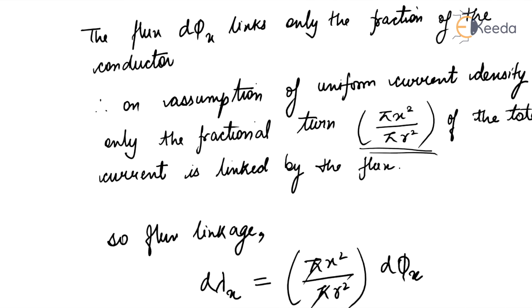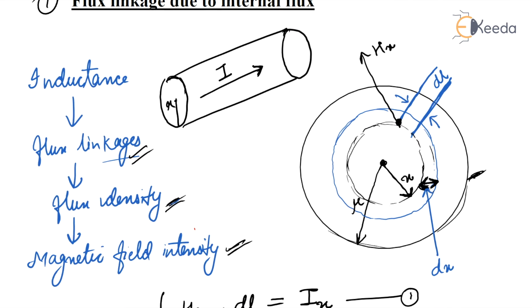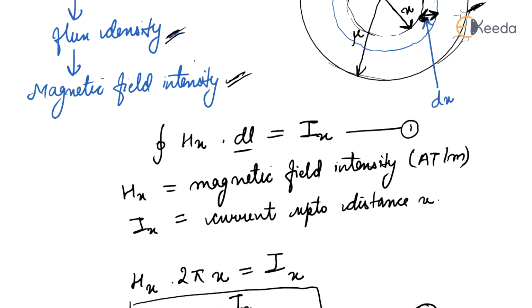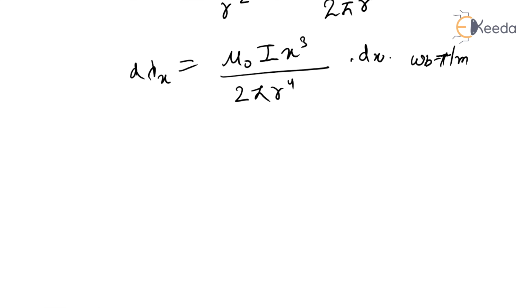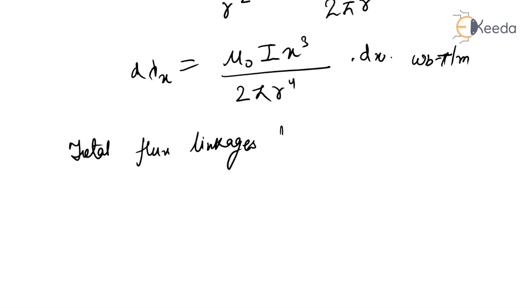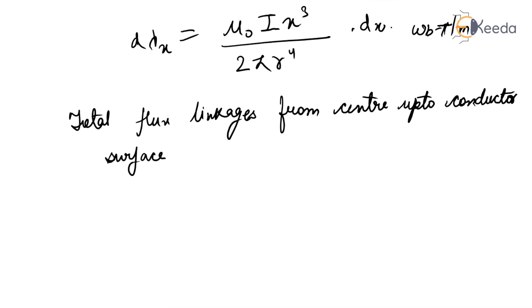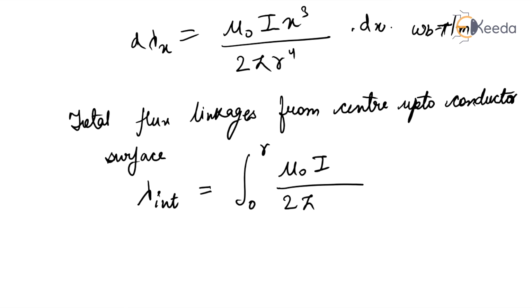Now radius starts with 0 and ends with R. So total flux linkage from center up to conductor surface, internal, is equal to integral from 0 to R of mu naught I upon 2 pi R to the 4 times x cube dx.